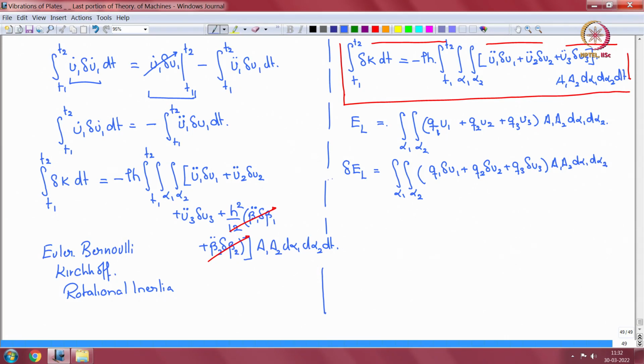If I put the integral T1 to T2 and a dt, okay, this is an elemental force over A1 alpha 1 and A2 alpha 2.